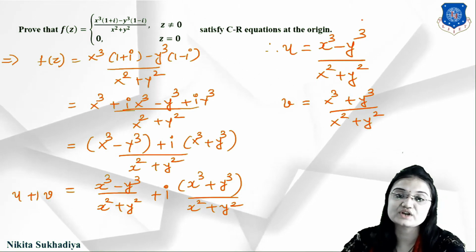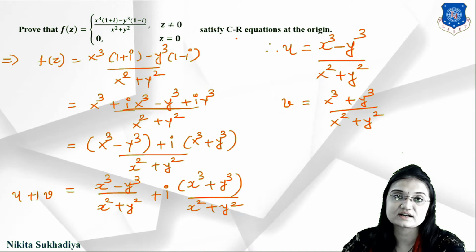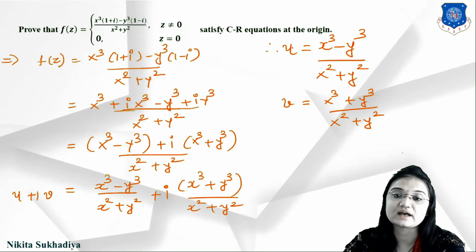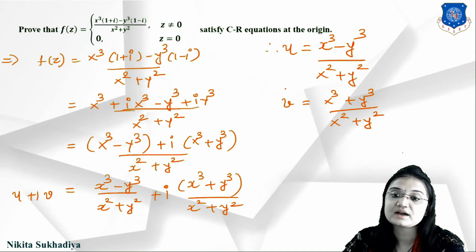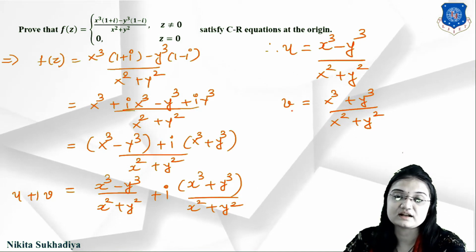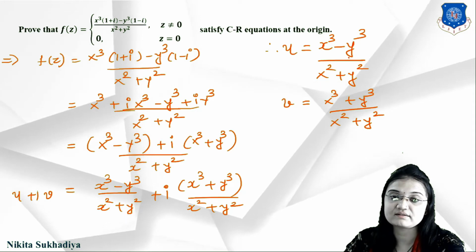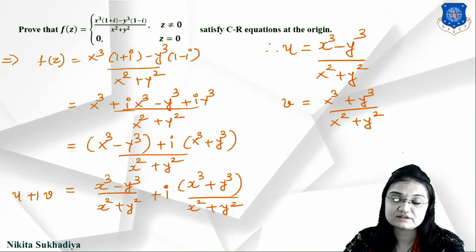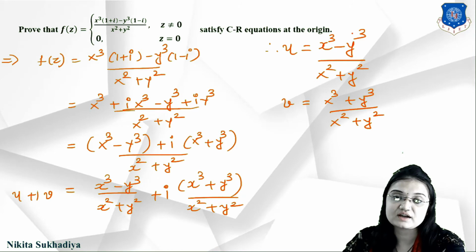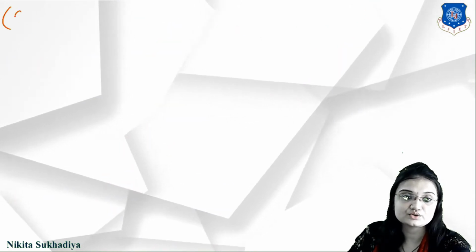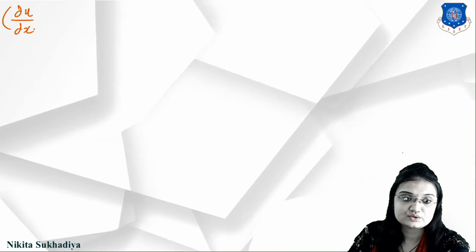Okay, now to check whether the CR equations are satisfied or not, we have to find del u by del x, del u by del y, del v by del x and del v by del y. But it is difficult to find these for this type of function. So for this we have a solution: we can use this formula.